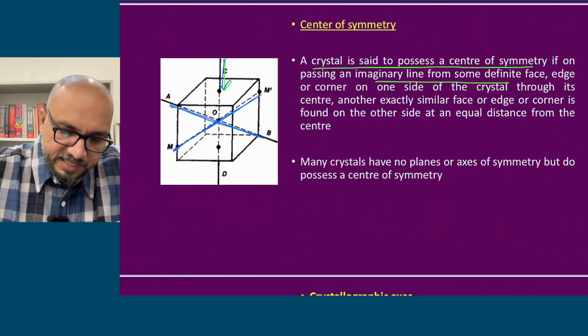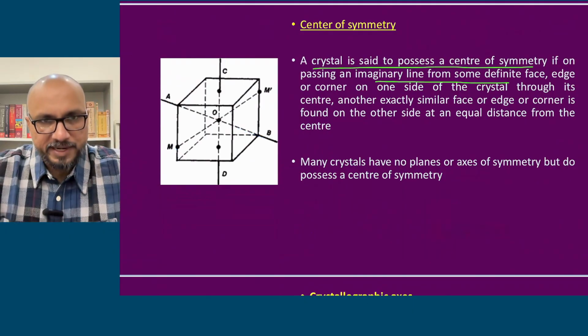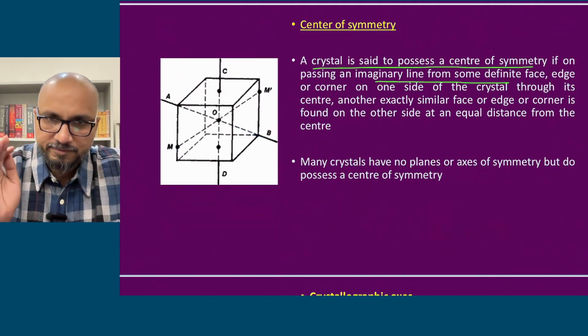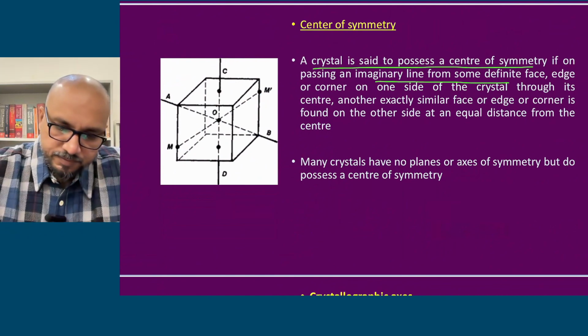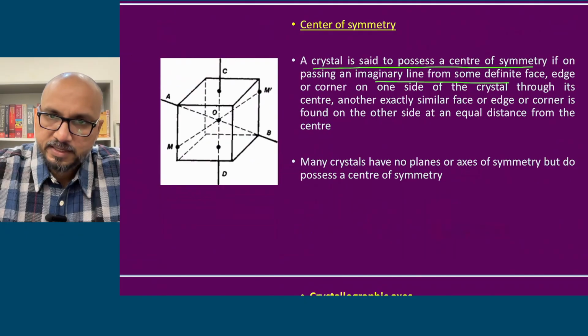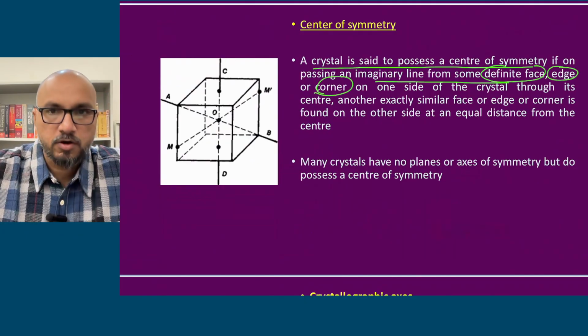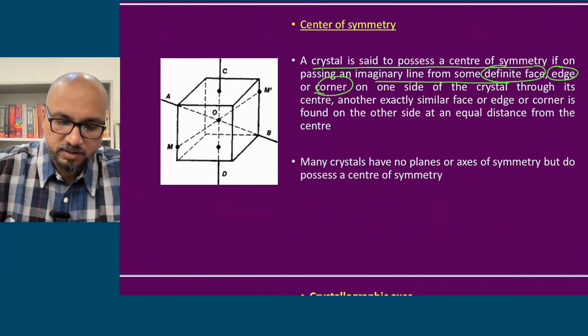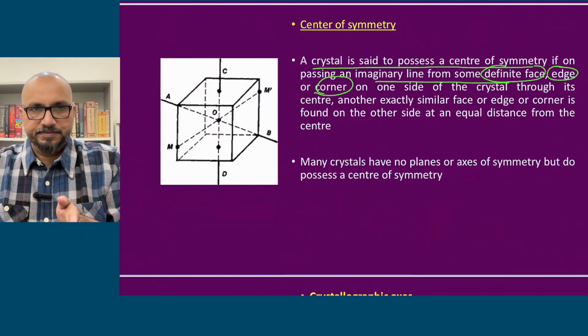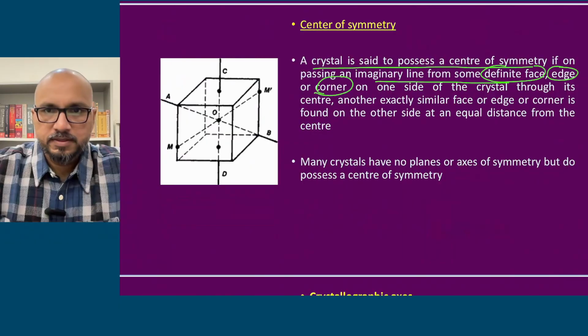So when you are passing an imaginary line from an edge or a face or a corner, so an imaginary line is passed from a definite face or edge or a corner on one side of the crystal, that means from the left side, okay.